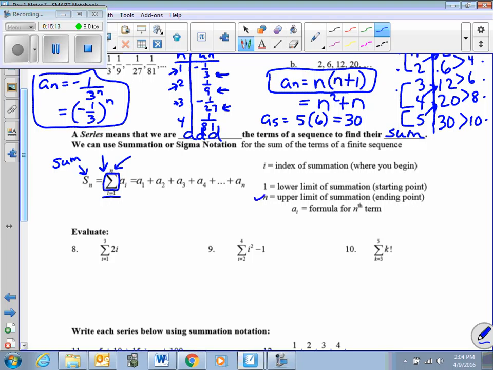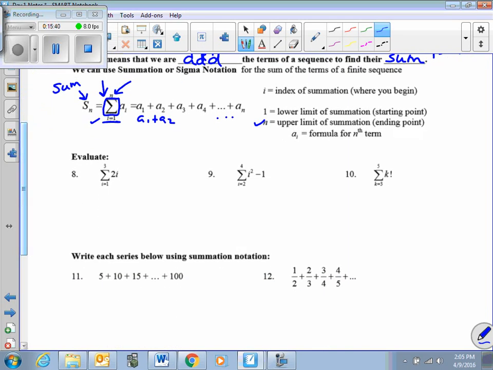So there's your n, upper limit. This is the lower limit down here. And then a sub i is just each term in the sequence. So as i goes from 1 to n, I'm just going to add a sub 1 plus a sub 2, just like is written here, all the way up to however many terms I want.